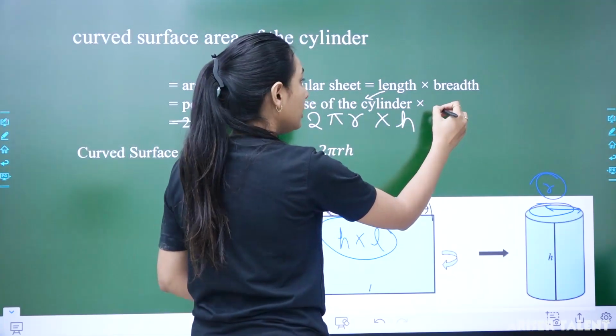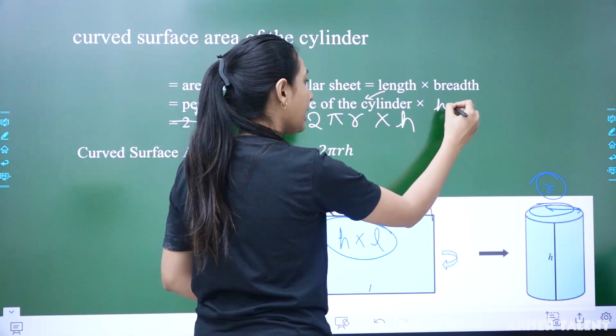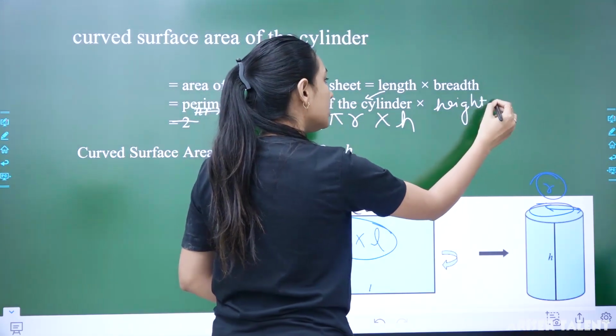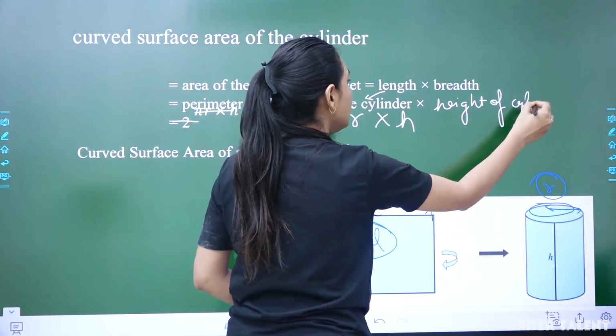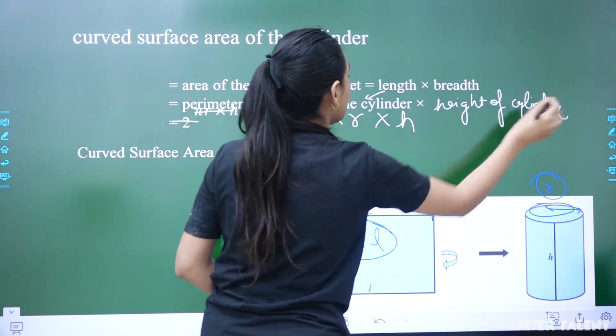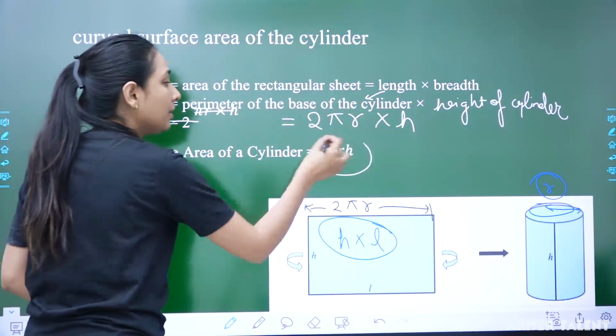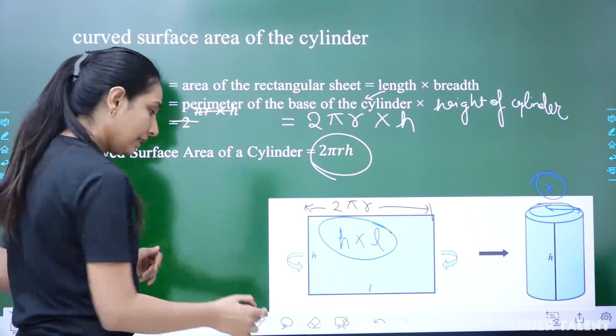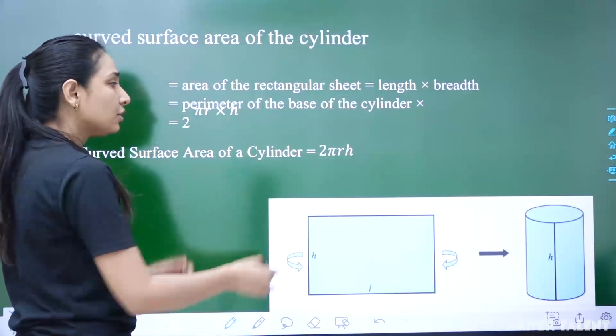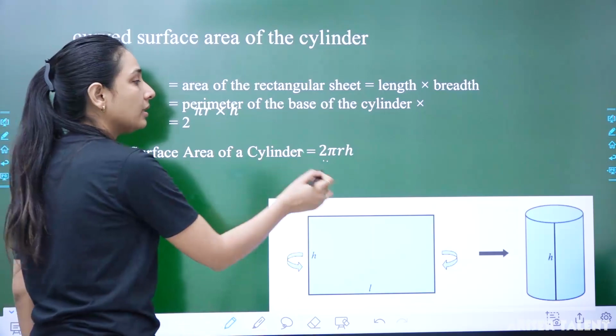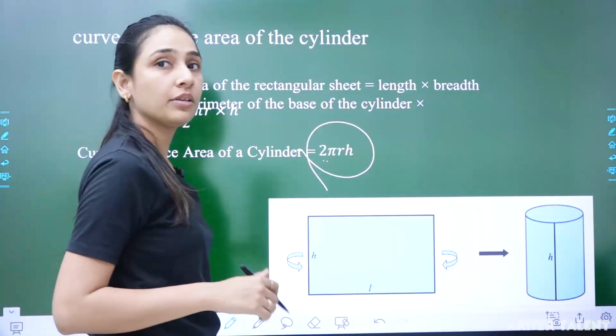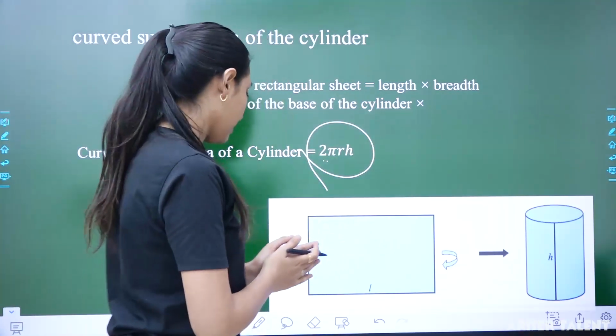Multiply by the width, which is equal to the height of the right circular cylinder. The height is h, so that will become 2 pi r h. Clear? Now remember this formula 2 pi r h, because it is going to be very useful when we do the numericals.